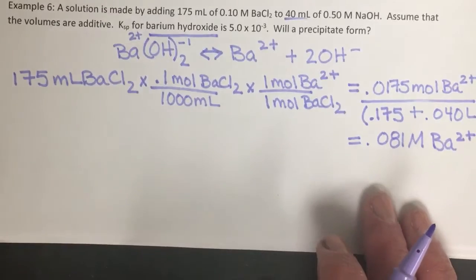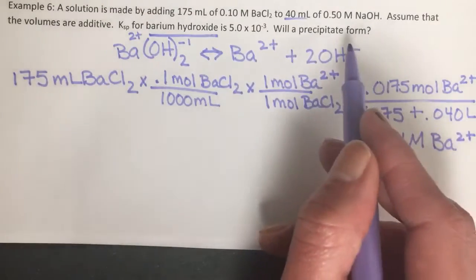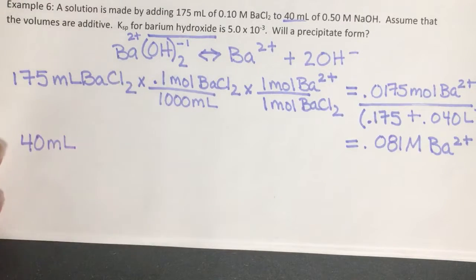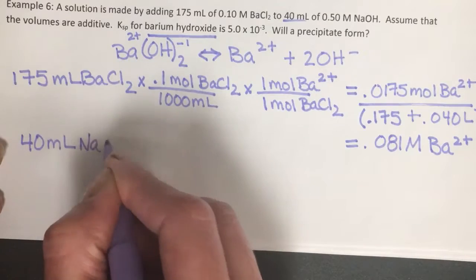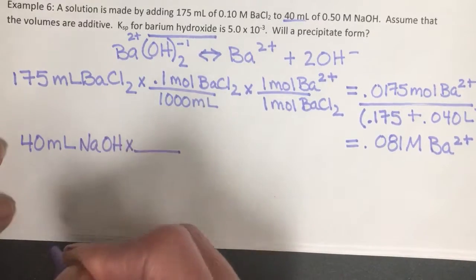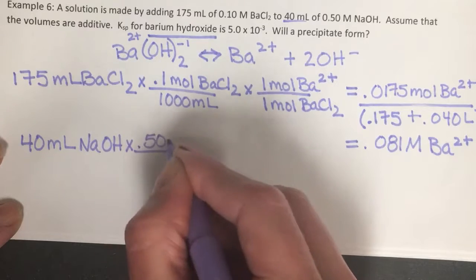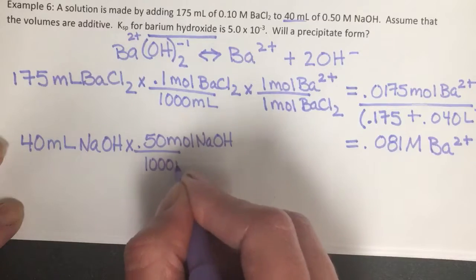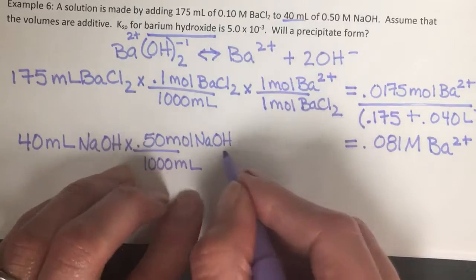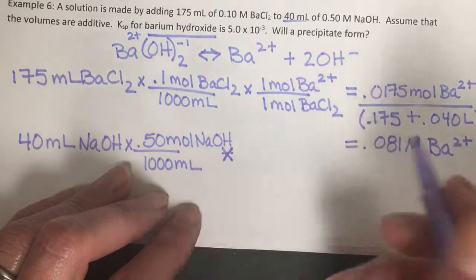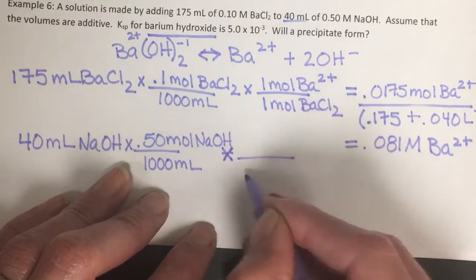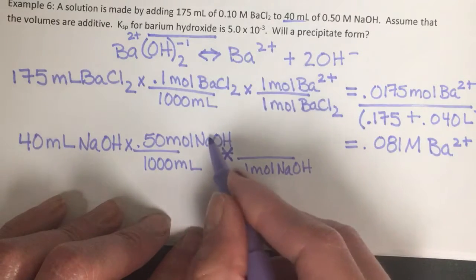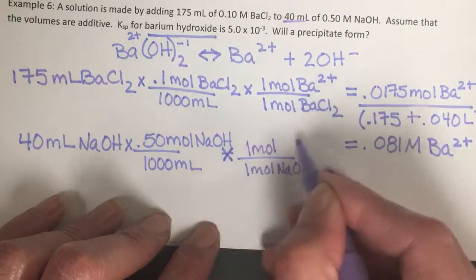I'm going to do the same thing to figure out how much OH minus I had. I was told I had 40 milliliters of NaOH. Its concentration is 0.50 moles for every 1,000 milliliters, times, I know that if I have 1 mole of NaOH, it's also going to give me 1 mole of OH.